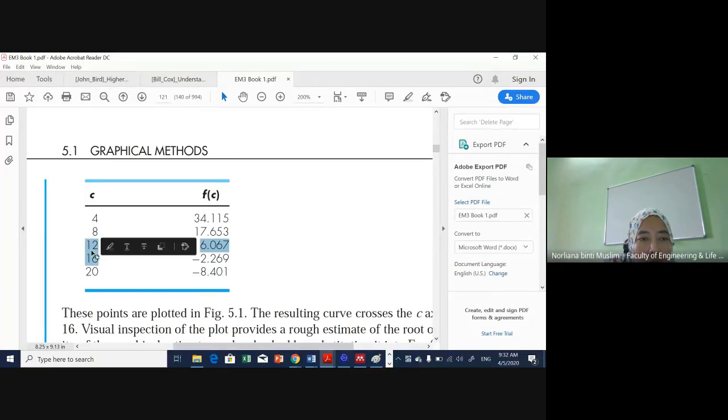Okay, so this 12 will be your A. 16 will be your B. Okay, so in the ebook, this is using XL. This one is XU. Okay, XL, XU. So I'm using here A, B. Okay. Any question before we start the calculation?